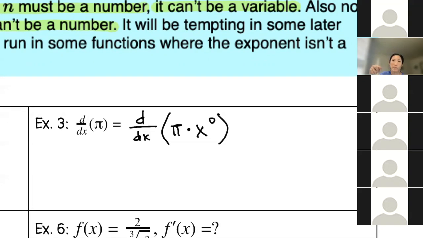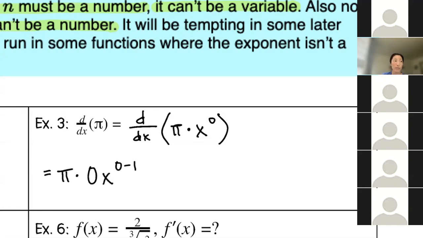Now we can use the power rule. What is the power that we're bringing down? The power we're bringing down is 0. So we really have: keep the coefficient times bring the power down, x to the power minus 1.